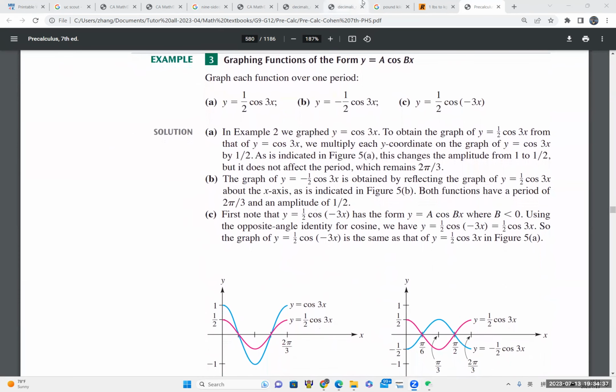Anyway, when it goes to cosine bx, the new period goes to 2 pi divided by b, right? So when b is 3, we get 2 pi over 3. Yeah, it's better that the textbook shows a general formula.